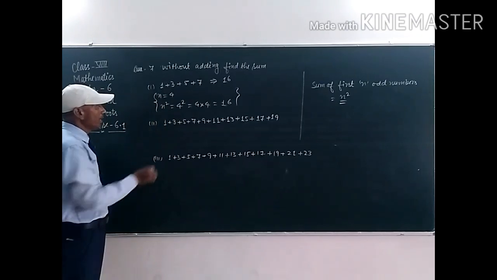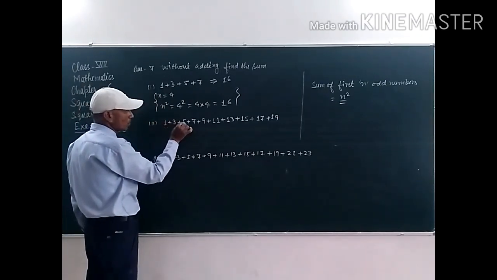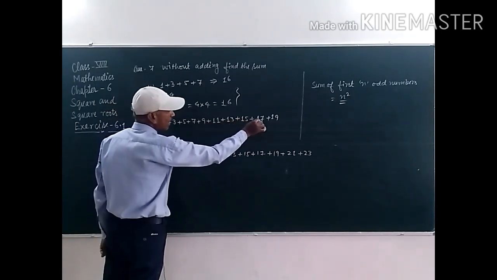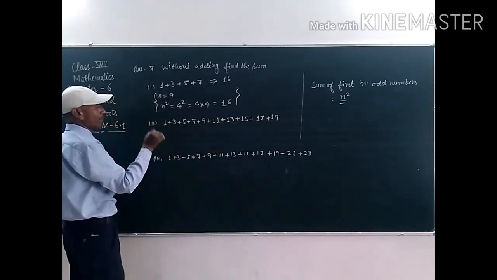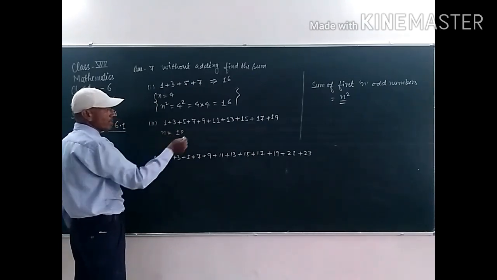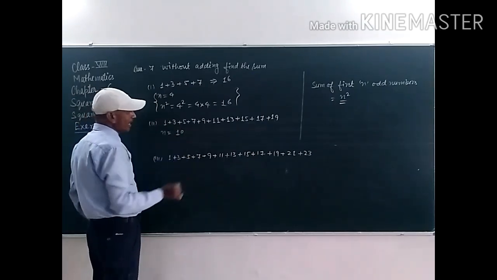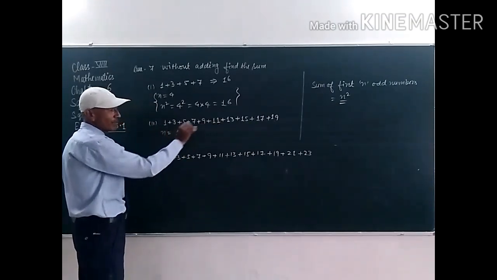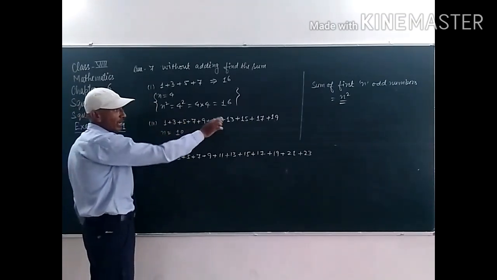Clear, student? And in this 1, 2, 3, 4, 5, 6, 7, 8, 9, 10. There are 10 numbers. So n is equal to 10. So these numbers are in a sequence, student, and these all are the odd numbers starting from 1. There is no gap.